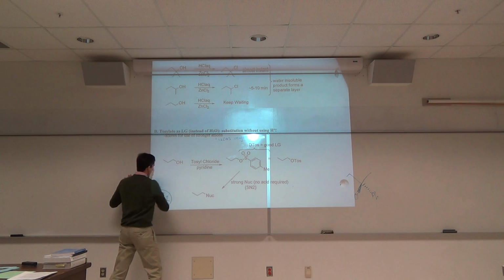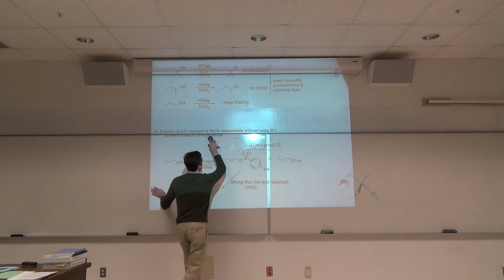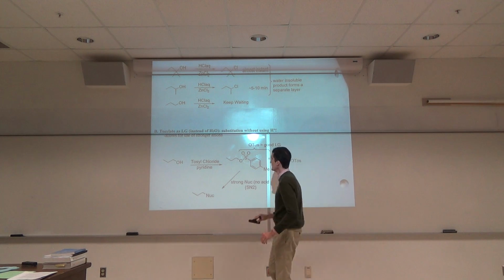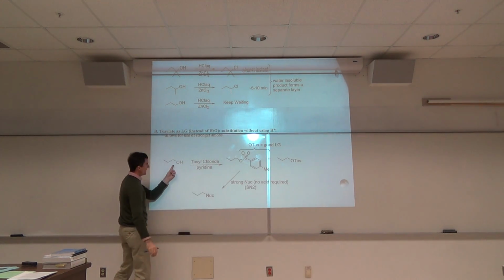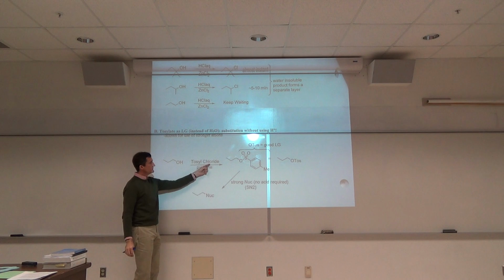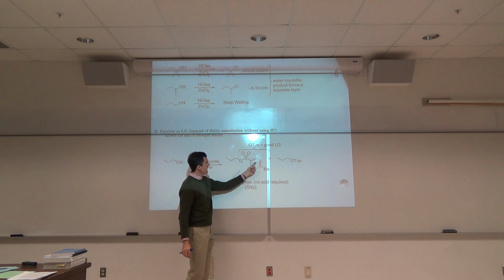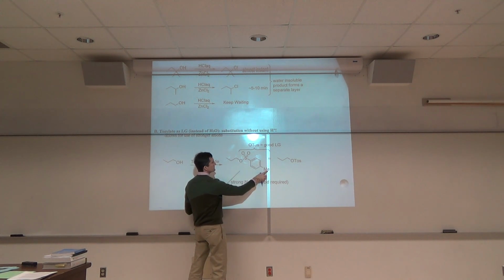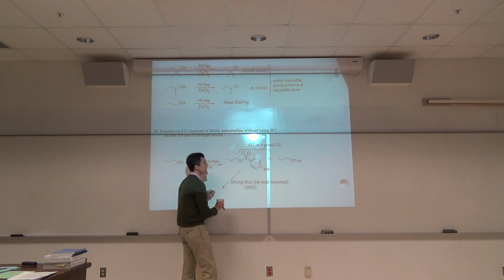So this is organic 1. Take an alcohol reacting with tosyl chloride, some type of weak base like pyridine. You get your O-tosyl. This portion is called your tosyl. And it is a good leaving group.